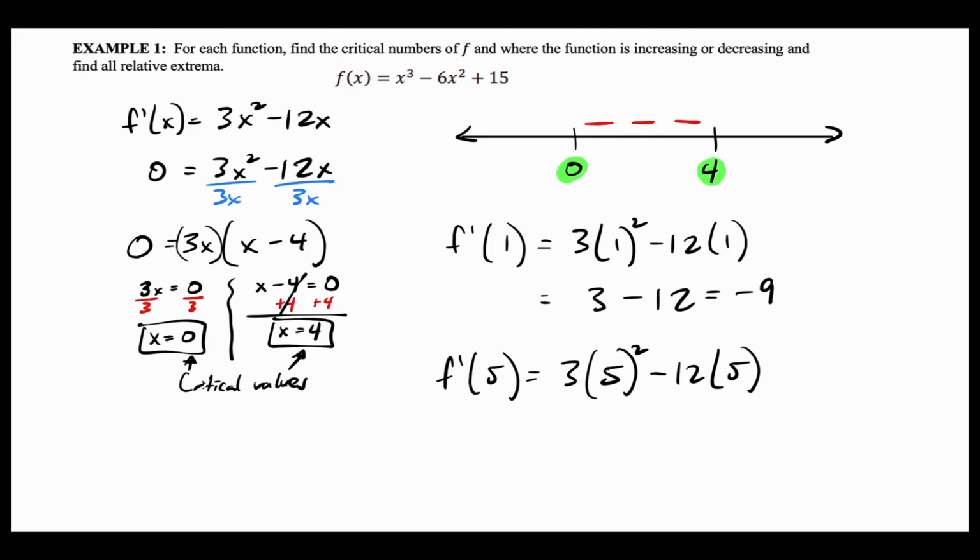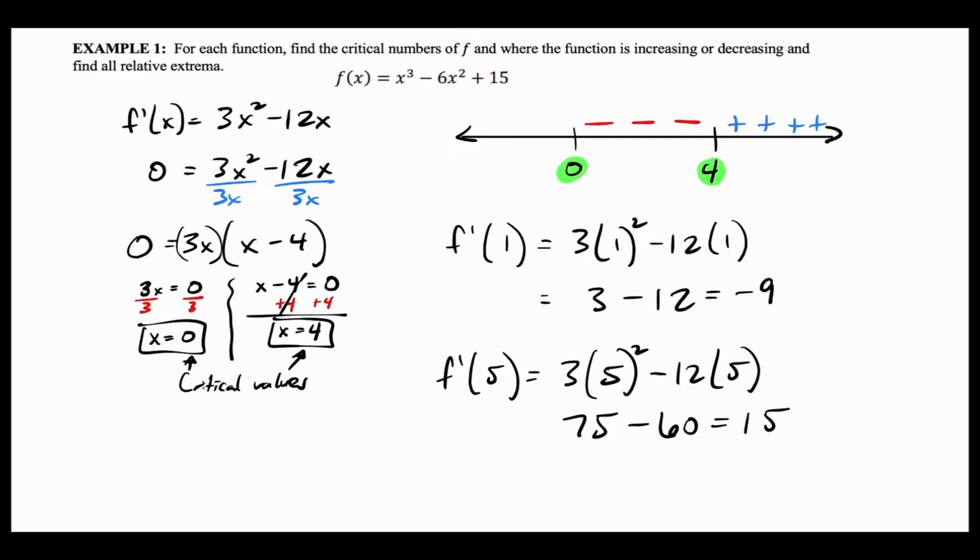Okay. PEMDAS says we do multiplication. So I do 5 squared, which is 25, times 3 is 75, minus 60 is positive 15. Positive. So that means everywhere above 4 is going to be a positive derivative, increasing.